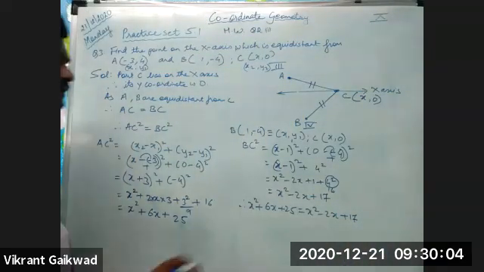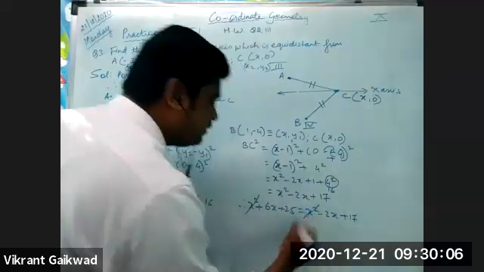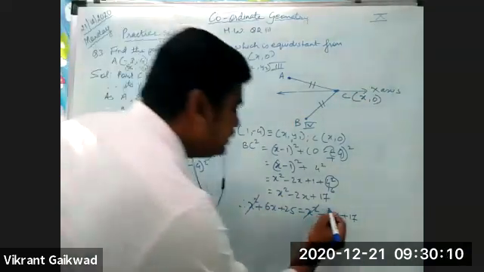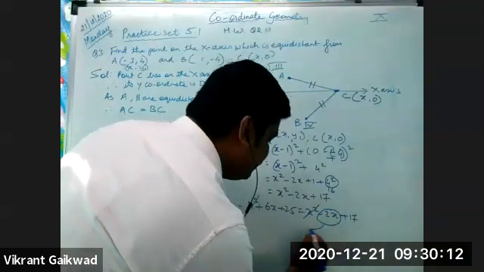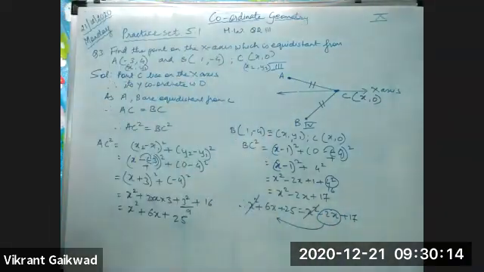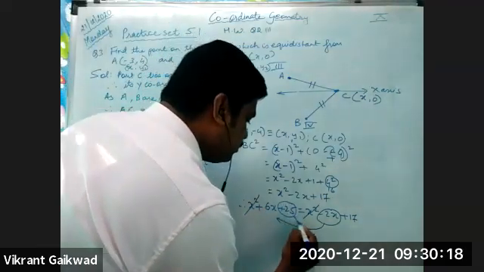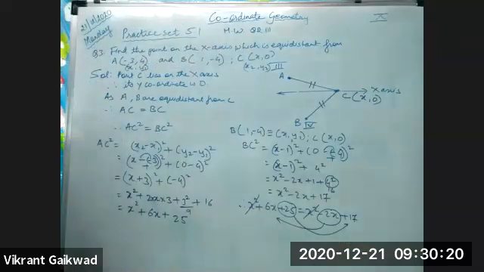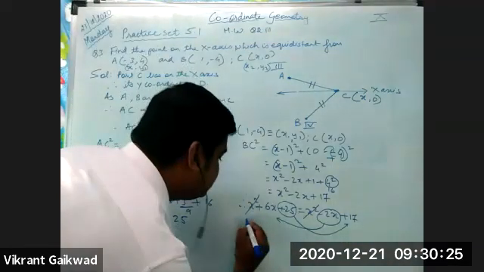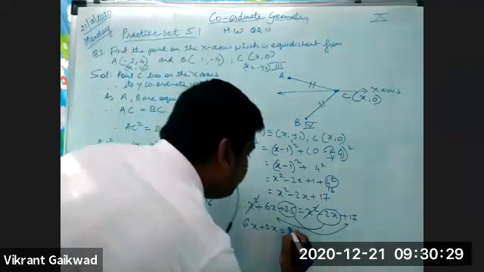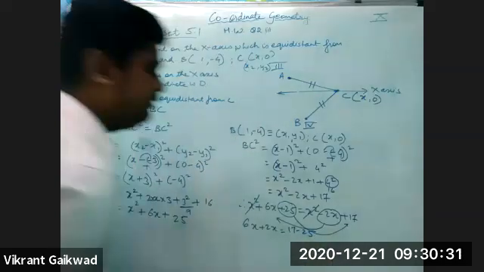Now the like terms on the opposite sides get cancelled off. What we'll do is change the position of minus 2x. We'll take all the variables on one side, constants on the other side. So you'll get 6x plus 2x equals 17 minus 25.